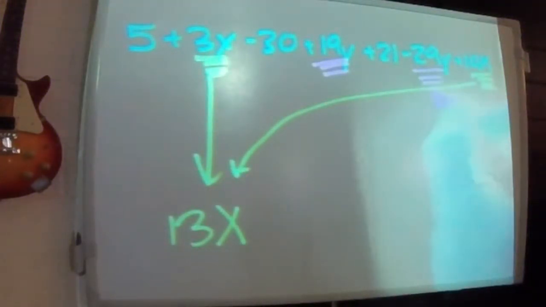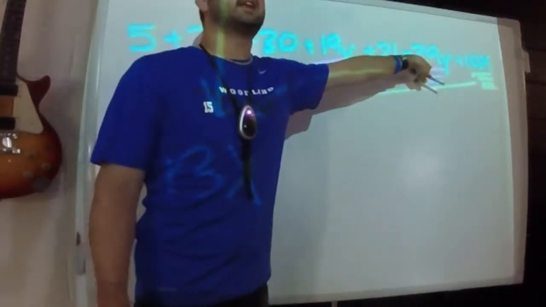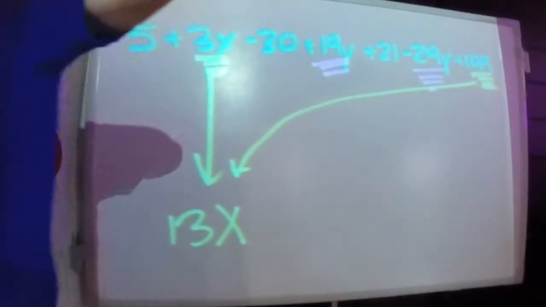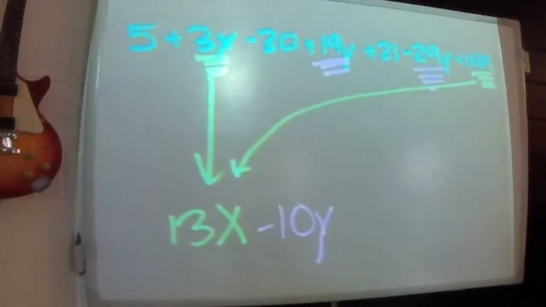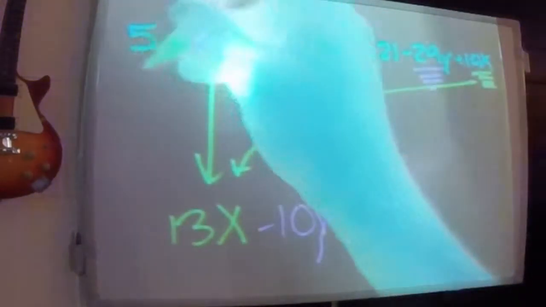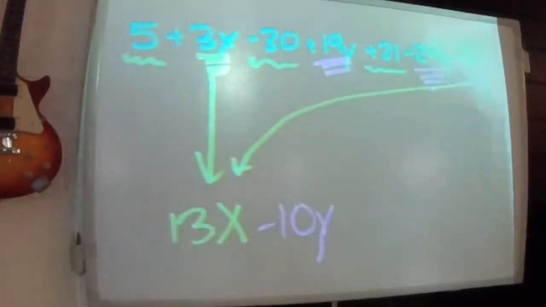I got 19 y's. I got negative 29 y's. Negative 10. Last thing I've got is numbers. 30. Negative 25. Minus 25.